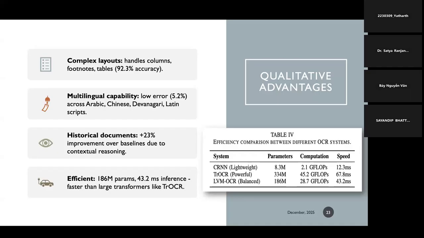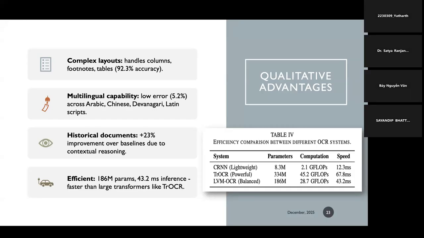In our global world, a doctor might encounter a patient record in Chinese or a drug label in Arabic or something like that. This model has a strong multilingual capability, keeping errors very low at 5.2%, no matter the script. So next we have the time syncability, right?